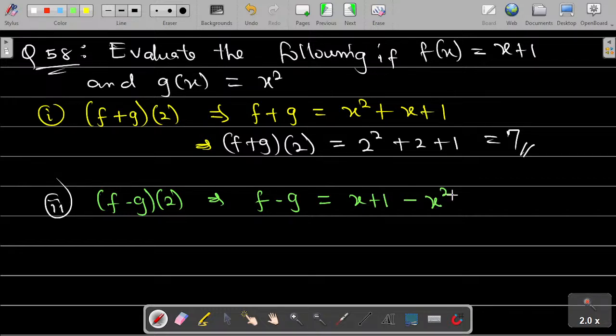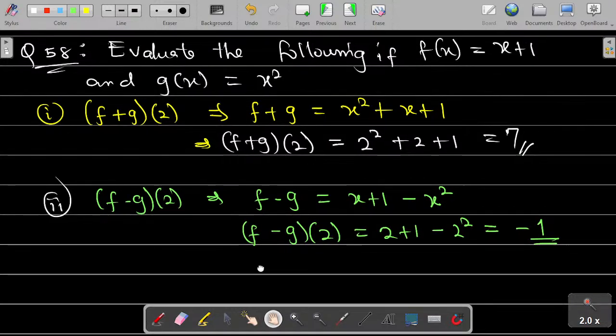Whether you rearrange it or not, you will still get the same answer. So just substitute your x as 2, and that's going to be 2 plus 1 minus 2 squared, which is equal to 2 plus 1 is 3, 2 squared is 4, 3 minus 4 will give us minus 1 as our solution for number 2.